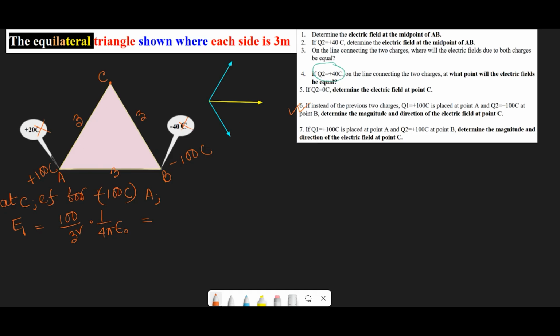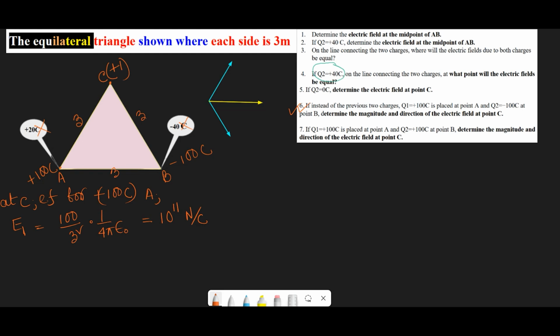So if we solve this problem, we'll get 10 to the power 11 Newton per coulomb, and 100 coulomb is larger than the one test charge at point C, which is 1 coulomb, which is smaller actually compared to 100.